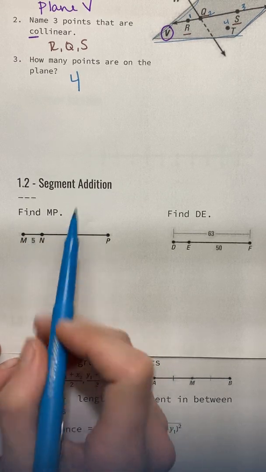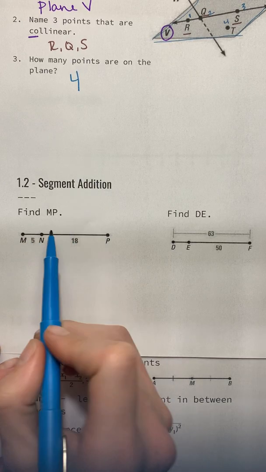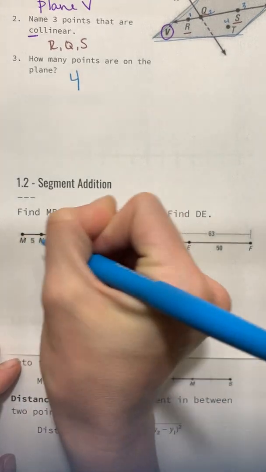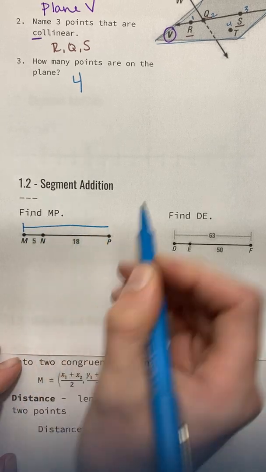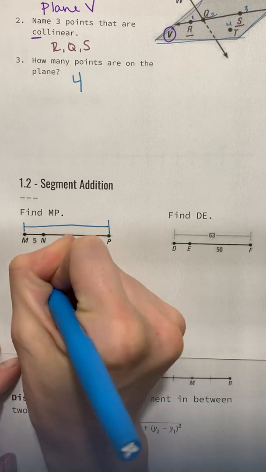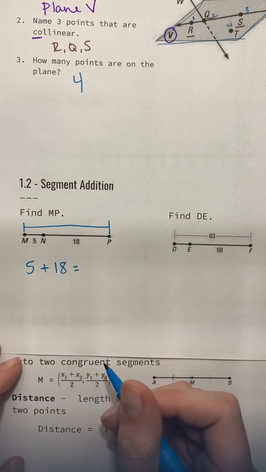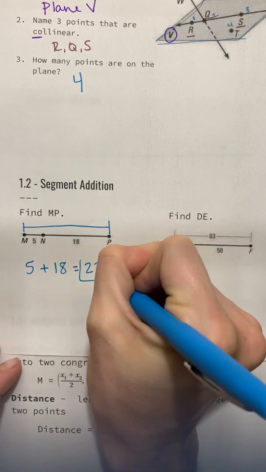So looking at this, I know that MN is equal to 5, NP is equal to 18. So if I want the whole entire thing, then I'm just gonna do 5 plus 18 to get the whole, which is gonna give me 23.